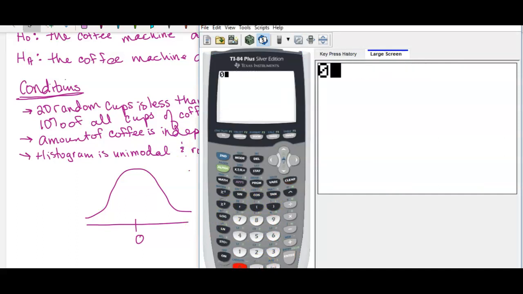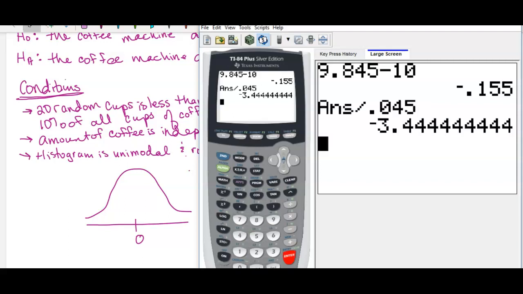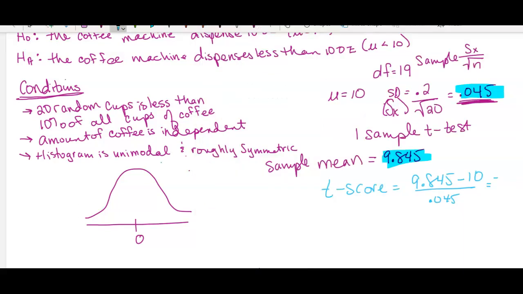Oops, not 1910. Okay, we have to hit enter first. And then we're going to divide by 0.045. And so I get a t-score of negative 3.44, which is pretty small. So that's way, way over here. It probably is even farther than that, but that's what we have so far.